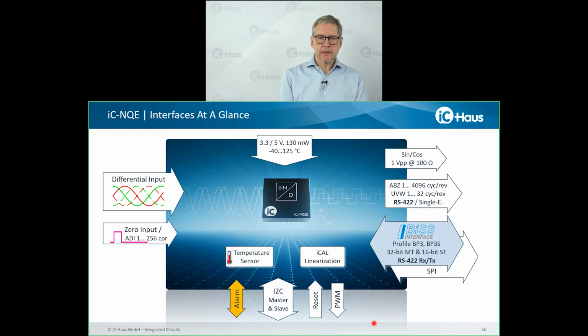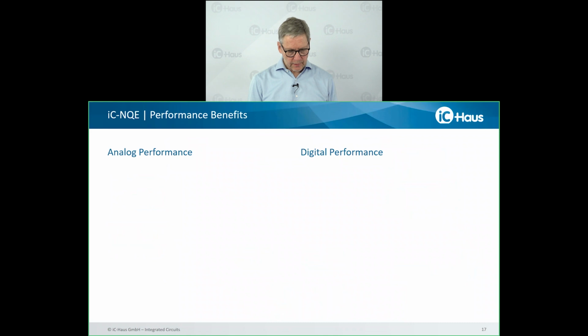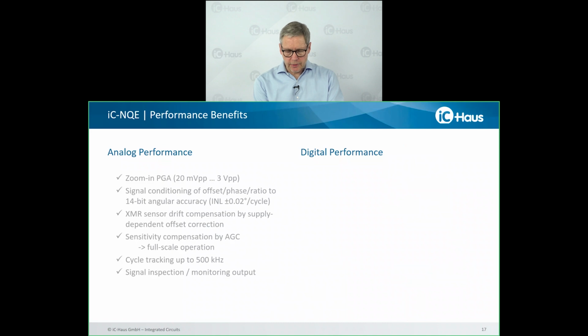And we completed the I2C interface here now for system internal communications. And optionally, as I mentioned, the index inputs can be altered to run an absolute data interface, a clock-driven SSI interface. With regard to performance benefits, I would like to distinguish between analog and digital.